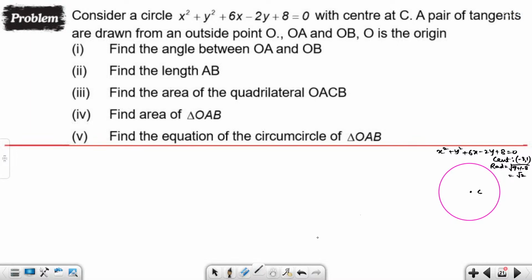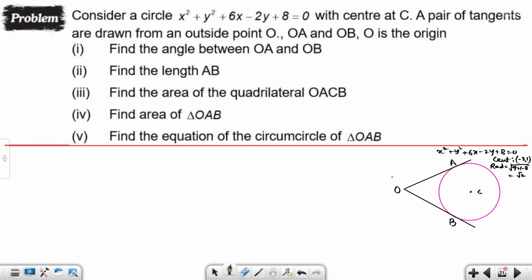So O is the origin. I have drawn two tangents. This is my origin, O, and this is my A, and this is my B. Correct? Now, what have they said? There are 5 parts of this question.